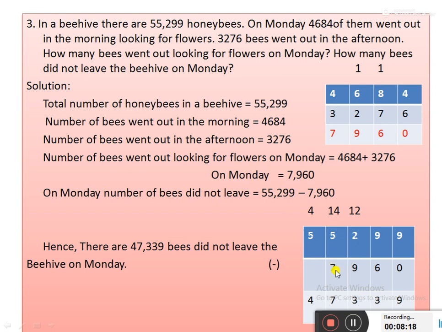Here 4 minus 7 we cannot do the subtraction. Again we borrow 1 tenth, so 4 will become 14. 5 minus 1 is equal to 4. 14 minus 7 is equal to 7. 4. So hence 47,339 bees did not leave the beehive on Monday.